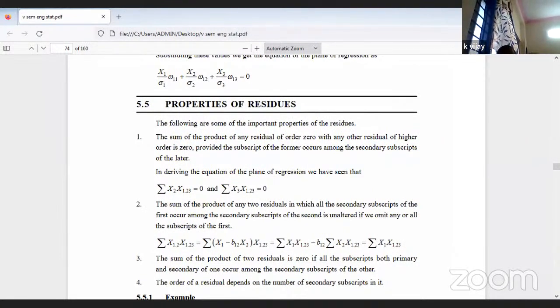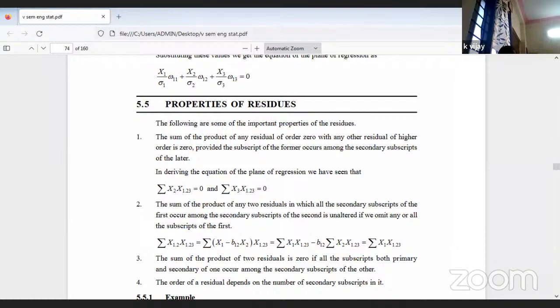The sum of the product of any two residuals, where all the secondary subscripts of the first occur among the secondary subscripts of the second, is unaltered; we omit them for all subscripts of the first.